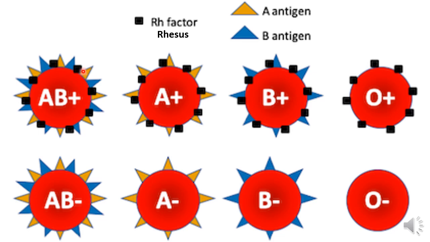Positive means it has the RH factor. If it doesn't have the RH factor, then we call it AB negative, and so on. That's why now we have 8 blood groups with the positive and negative, whether we have the presence of the RH factor or the absence.